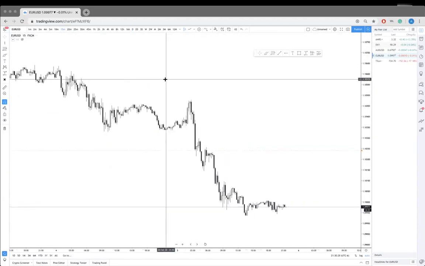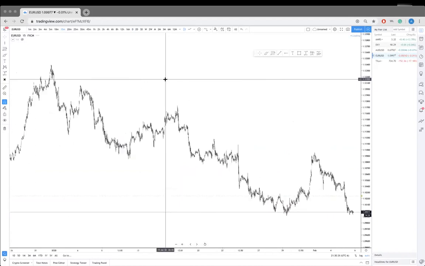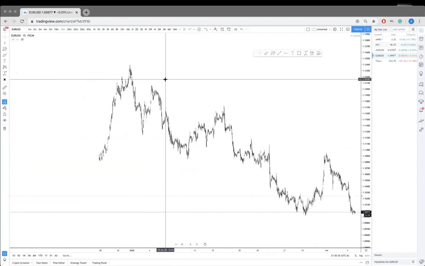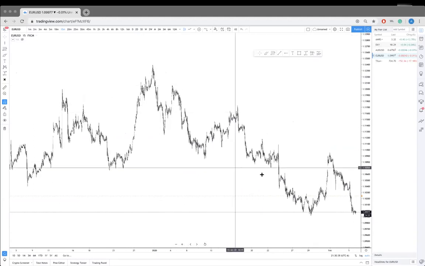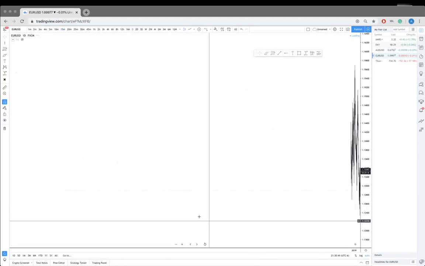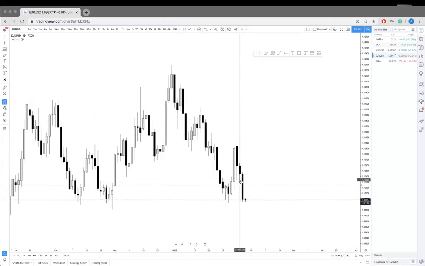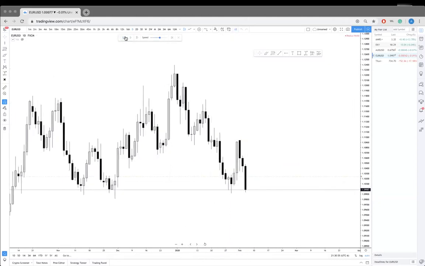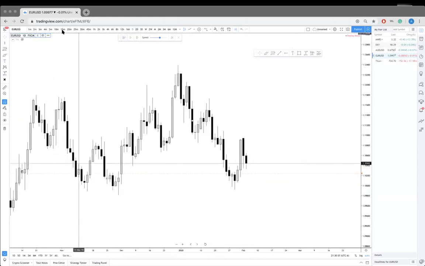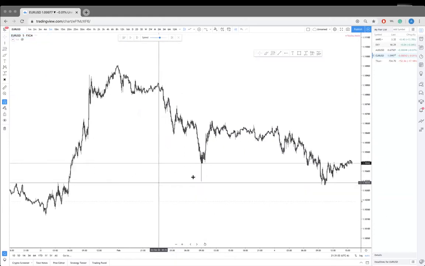And let's actually discuss this entry from EURUSD. Where was it? Where we got that accumulation. Oh, it was right here. I remember now.